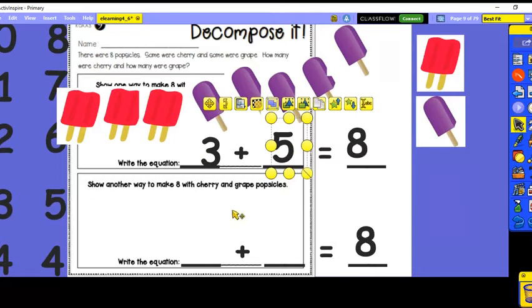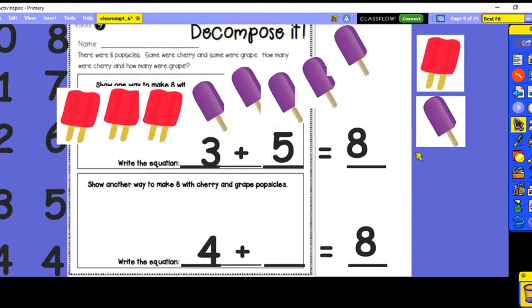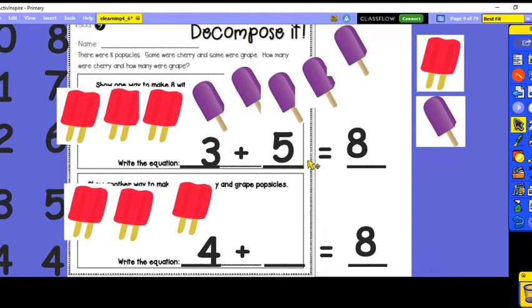Okay, now down here it says show another way to make 8 with cherry and grape popsicles. So we already did 3 plus 5 and 5 plus 3. What's a different way that we could make 8? What if we had 4 cherry popsicles? So 1, 2, 3, 4.